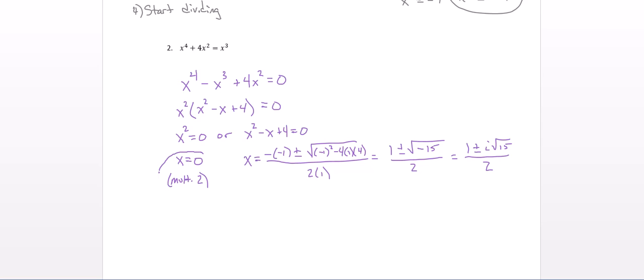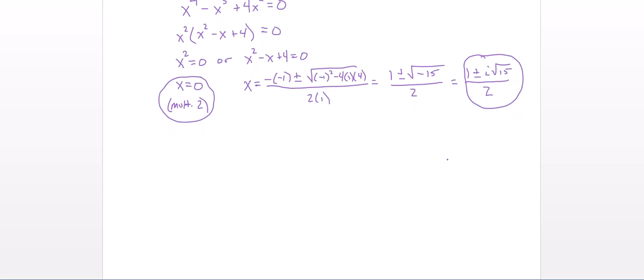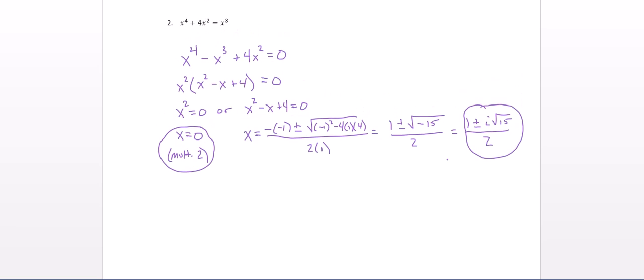So I only have 3 zeros because one of them happens twice. So x equals 0 will happen twice. There we go. That's finding complex zeros using the fundamental theorem of algebra. That's all for this video. Thanks for listening.